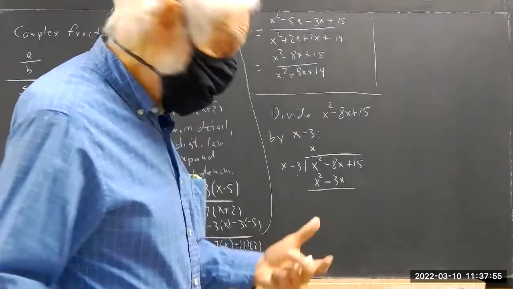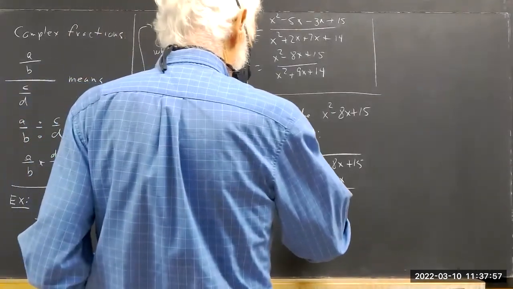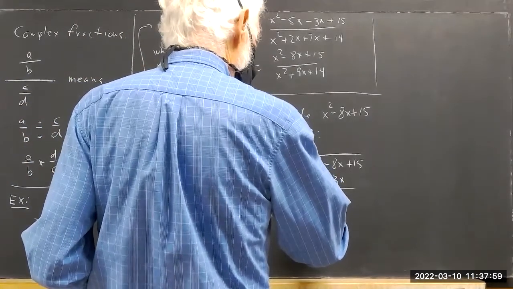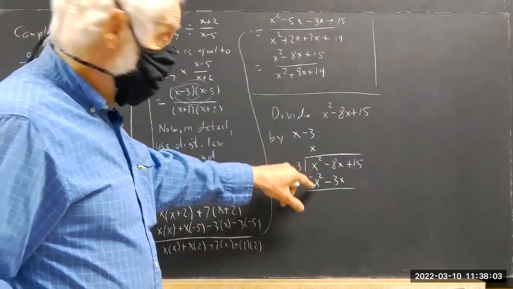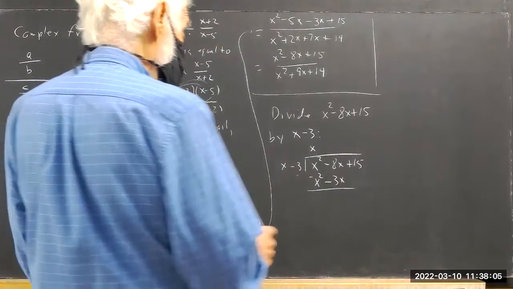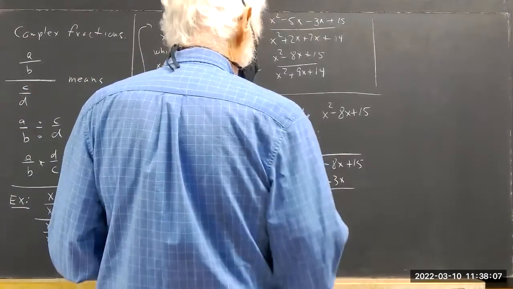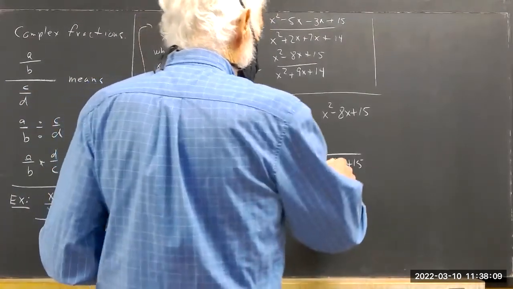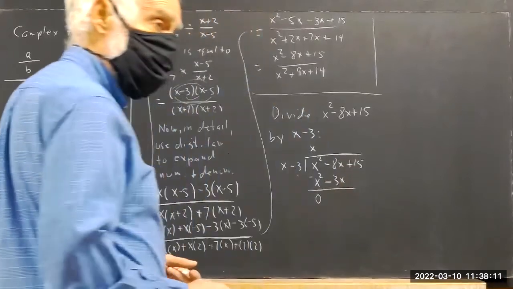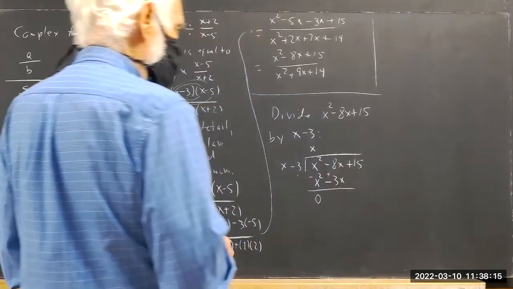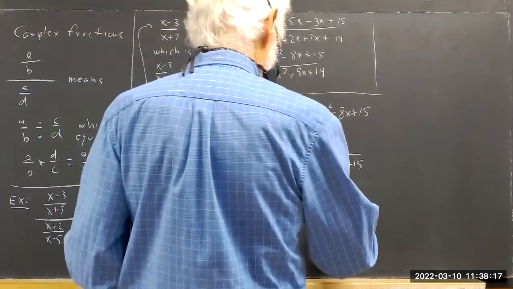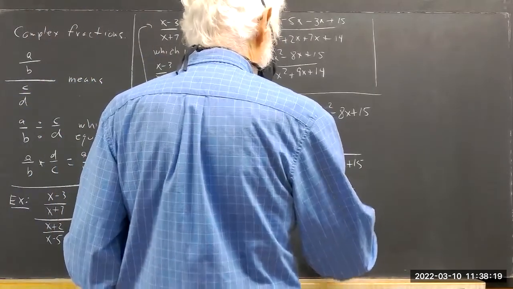Open Math tells you to put a little negative sign here because we're subtracting this. So x squared minus x squared gives us 0. And negative 8x minus negative 3x is the same as negative 8x plus 3x. So we get a minus 5x.